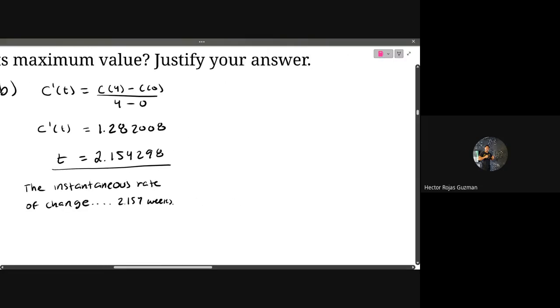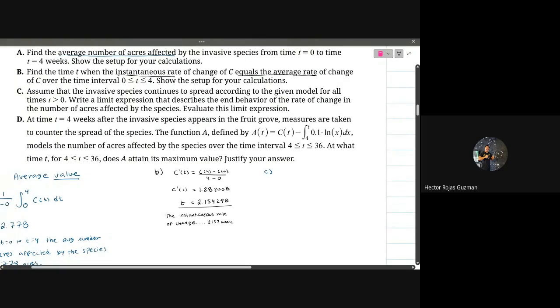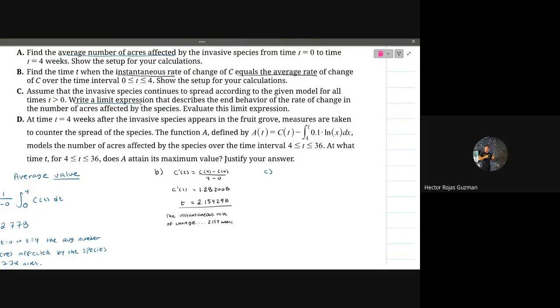Okay. Part C. So here, they want us to write a limit. I'm not writing the full question, but I'm assuming you guys have. Write a limit expression that describes the end behavior of the rate of change of the number of acres affected. Okay, if C of t represents the number of acres affected, this is just for you guys, right?